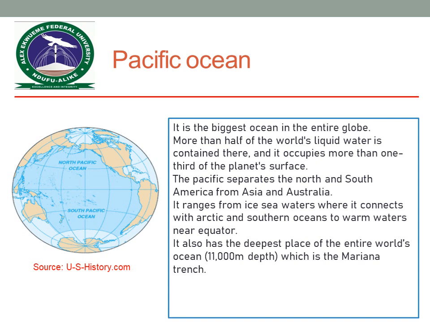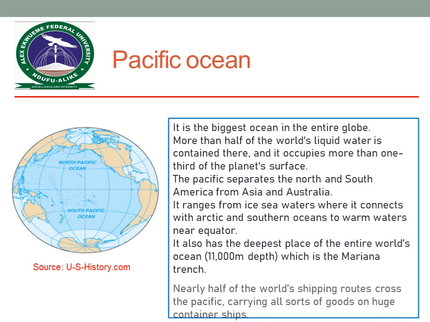And so in the Pacific Ocean, that deepest point is about 11,000 meters deep. And that is the deepest in any world's ocean. That region is referred to as the Mariana Trench in the Pacific Ocean.